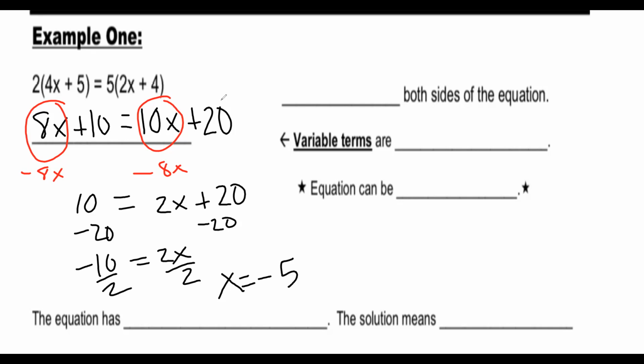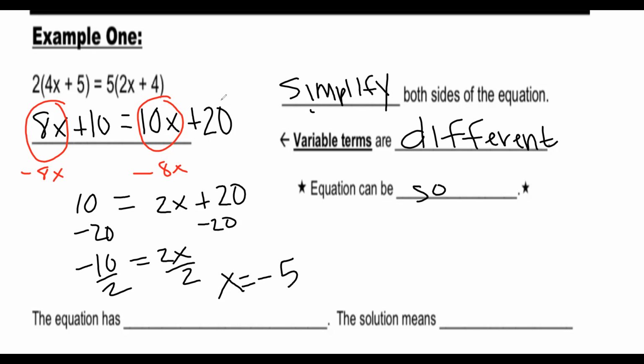We have one solution. So once we simplified both sides, the variable terms we saw were different, and the equation was able to be solved for x.